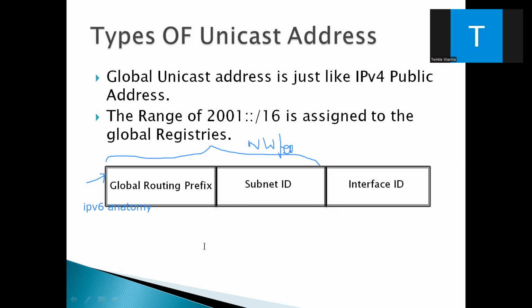Hope you have understood. Let me write: global routing prefix is 48 bits, subnet ID is 16 bits, and interface ID is 64 bits. Shall we proceed?